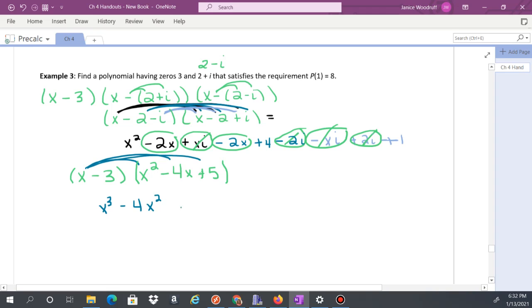Then x times 5 gives us a positive 5x. Okay, then negative 3 times x squared, negative 3x squared. Negative 3 times negative 4x, positive 12x. Negative 3 times positive 5 is going to be a negative 15.